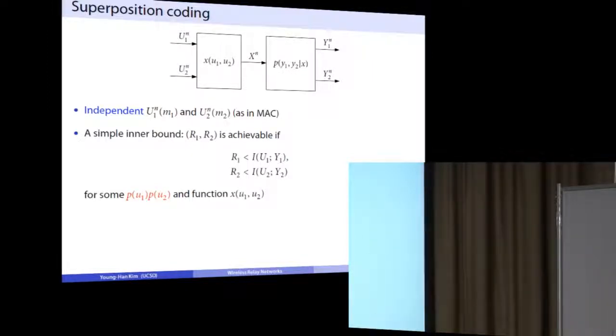It depends on the way we do the error analysis. The question is, before I had a nice pentagonal region, so why do I have only a rectangular region here? And the expression is different. If you go back to that slide, you will see it's I(X; Y given X), and here you only have I(U; Y).